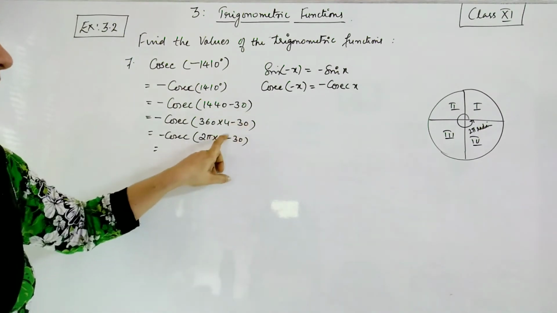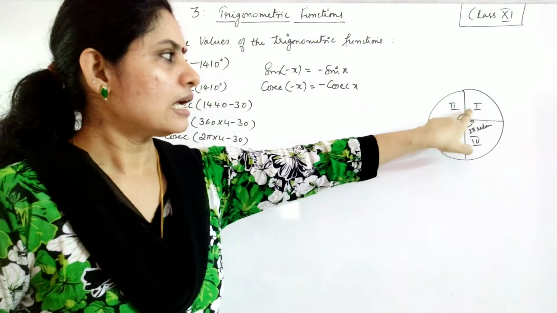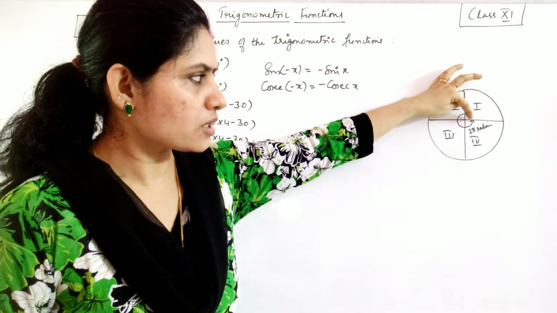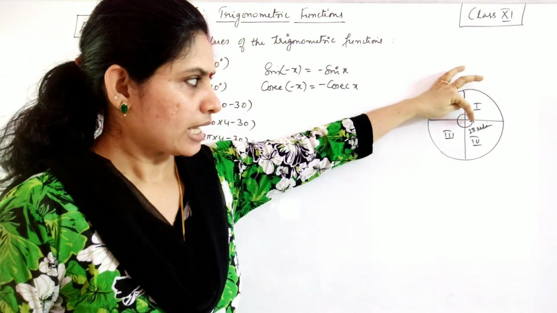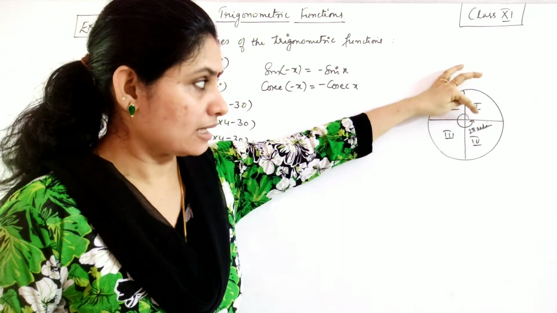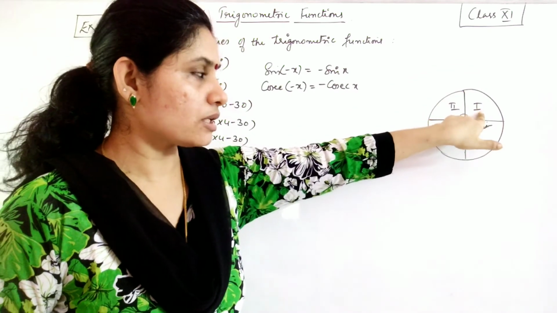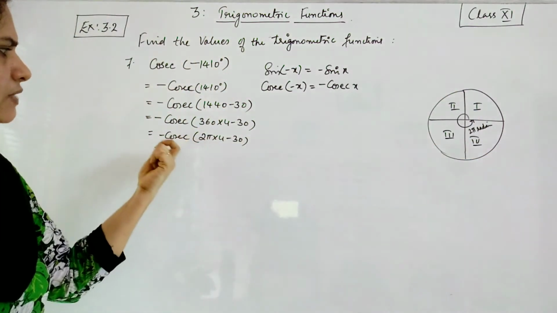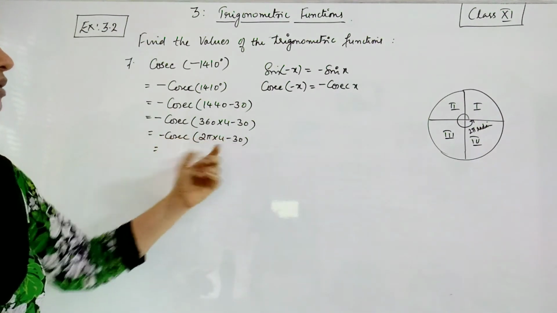If it is plus, one revolution will give you the same point, and after that if you are adding, it will come to the first quadrant. In the first quadrant everything is positive, so you get the same value. That is, if it was plus, you will get cosec 30 itself.